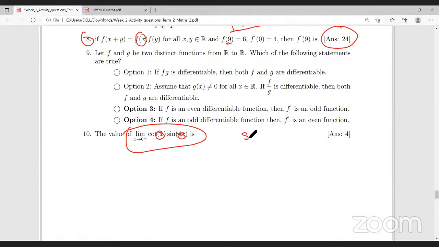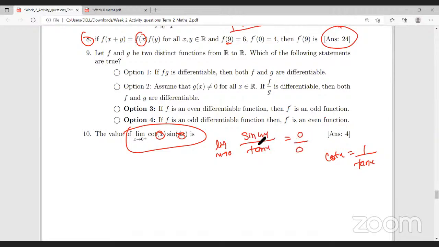So I can write it as sine 4x upon tan x, limit x tends to 0, because cot x equals 1 upon tan x, right? Now if I put 0, it will be 0 by 0 form.